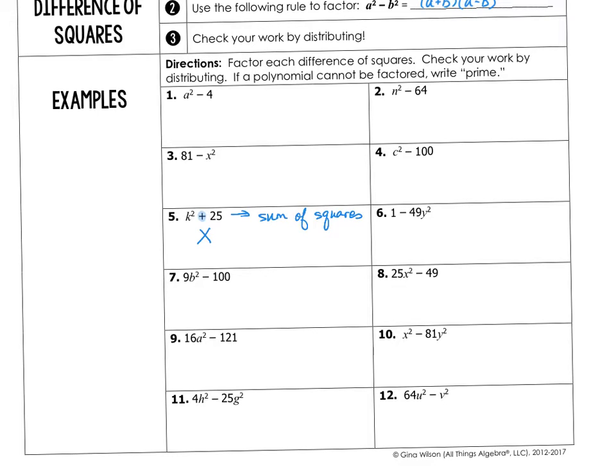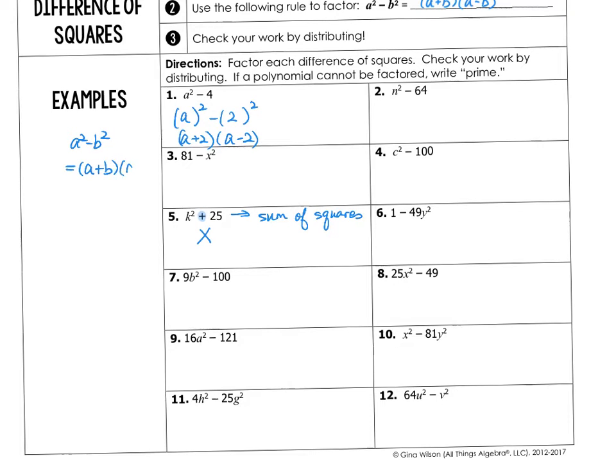If you look at number 1, a squared minus 4. If I can write something squared minus the second thing squared, the 4 is 2 squared. And now this formula says a plus b, so it's a plus 2 times a minus 2, right?